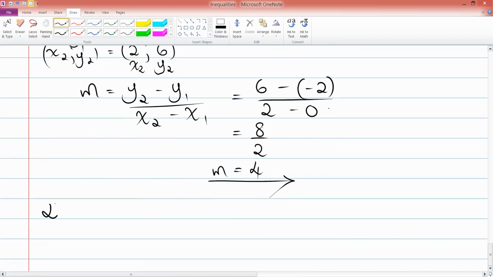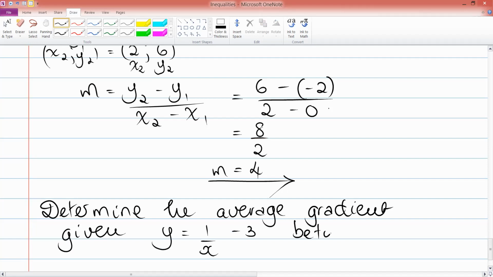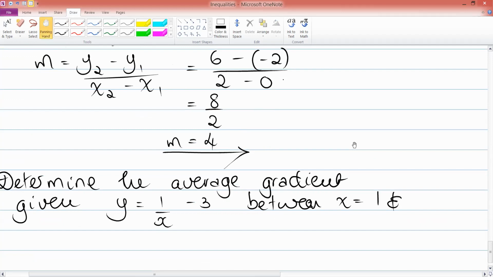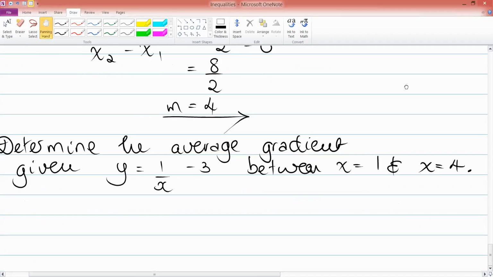Okay, so again, let us determine the average gradient given Y equals 1 over X minus 3 between X is equal to 1 and X is equal to, let's make it 4. Okay, between 1 and 4.